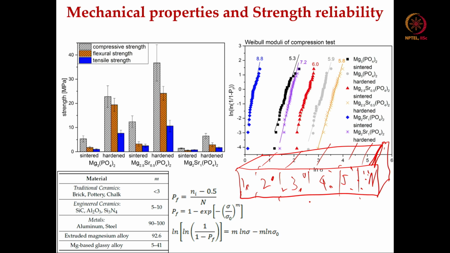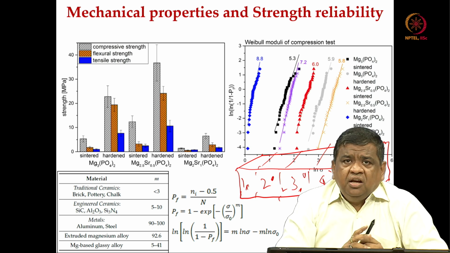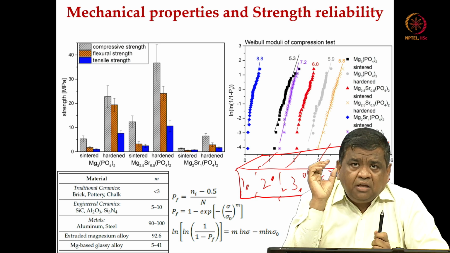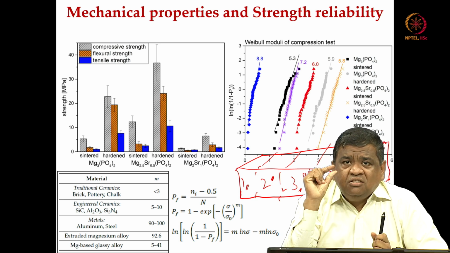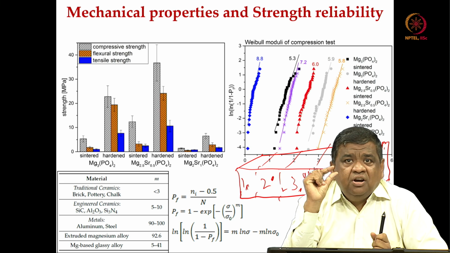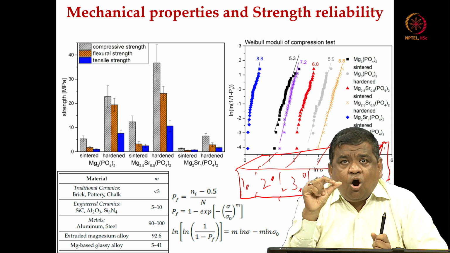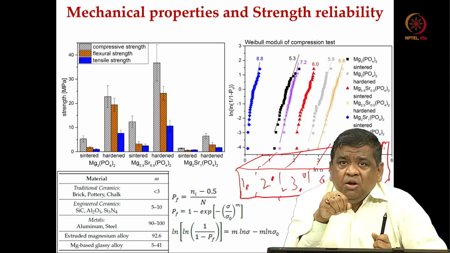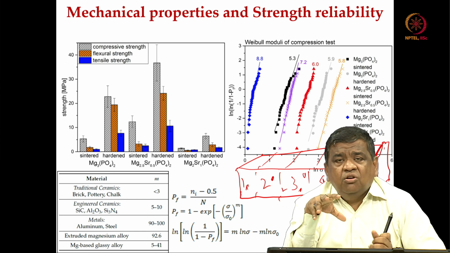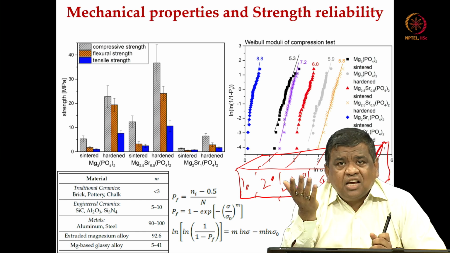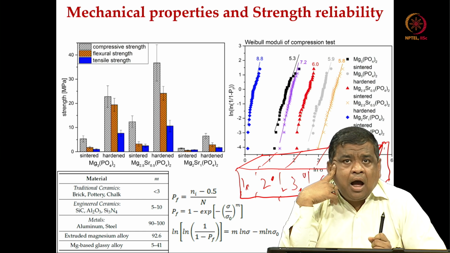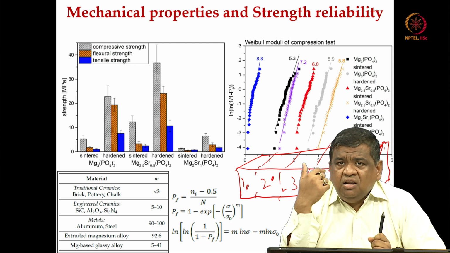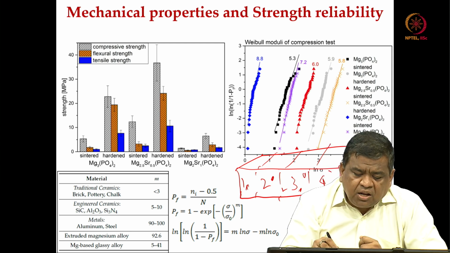I would like to recapitulate that a volume element which contains a larger pore of critical dimension, or pores that are favorably oriented towards the loading direction, can easily originate cracks from these pre-existing pores, leading to failure of that volume element.